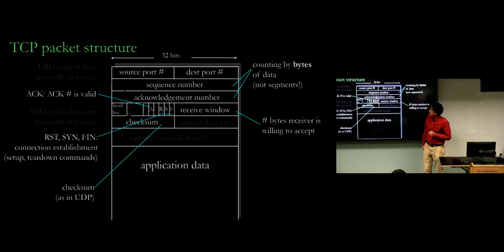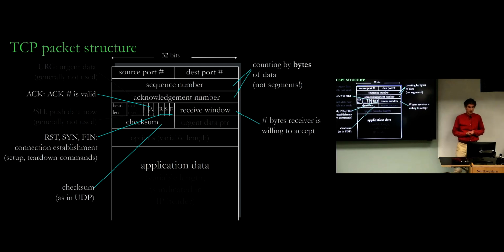And there's a bit field here where the bits have different meanings, which will make more sense later. And there's a receive window here, which indicates to the person on the other end how much data you're willing to receive. So if this says, for example, 3000, it means that the person on the other end who receives this packet should not send you more than 3000 bytes.